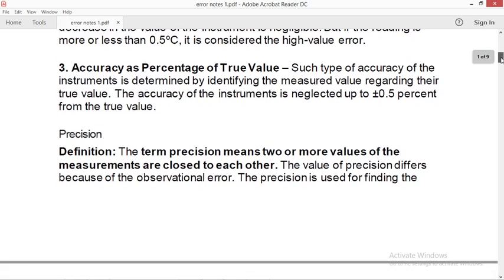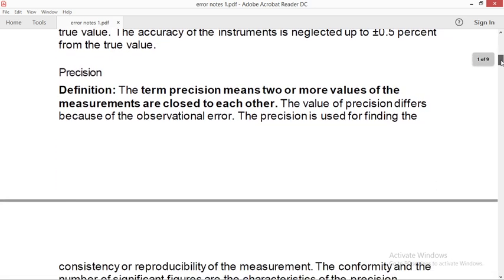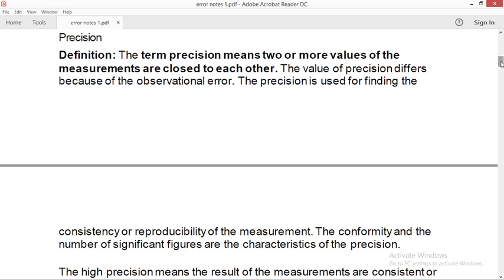Now let's come over to precision. The term precision means two or more values of the measurements are close to each other. Say you are measuring your height at your house, at the school and at a doctor's place. At three different places you are measuring the same thing, and you will be getting three different values.